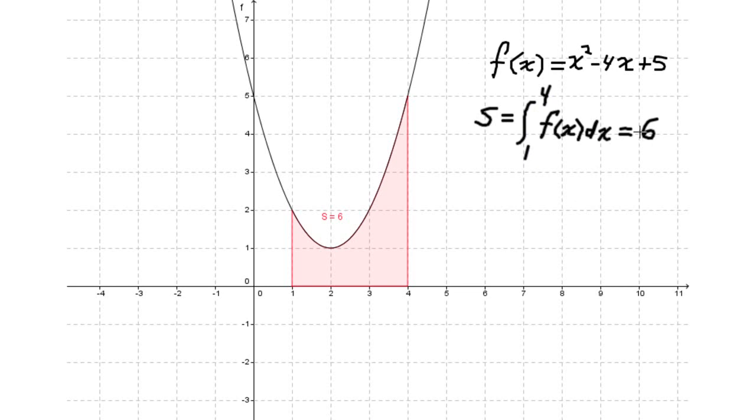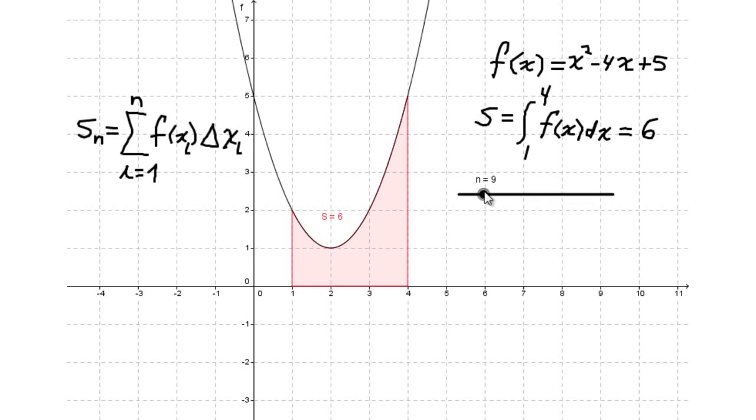Now, to understand how the integral computes this answer, let's go to the Riemann sum. A Riemann sum is the summation of small rectangles under the curve. Let's use a graphic approximation. Suppose this is a slider.